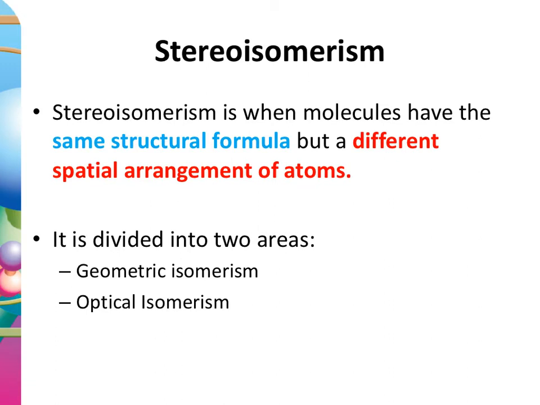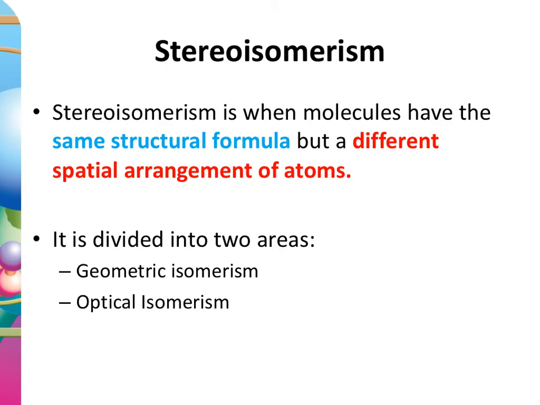Structural isomerism was the same molecular formula but different structural formula. Here we have the same structural formula, but we have a different spatial arrangement of atoms. So the way they are arranged in space is different, even though they have the same structural formula. So you can't tell the stereoisomerism just by glancing at a structural formula.